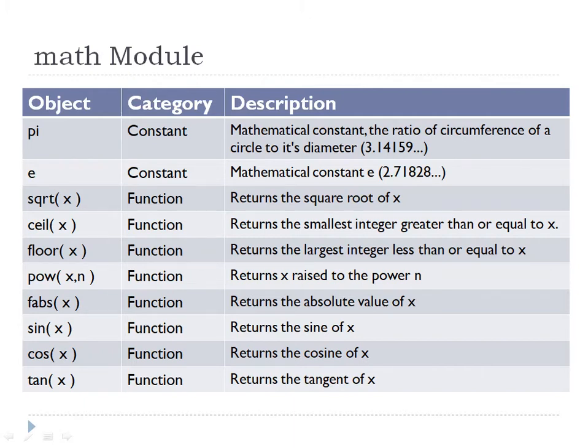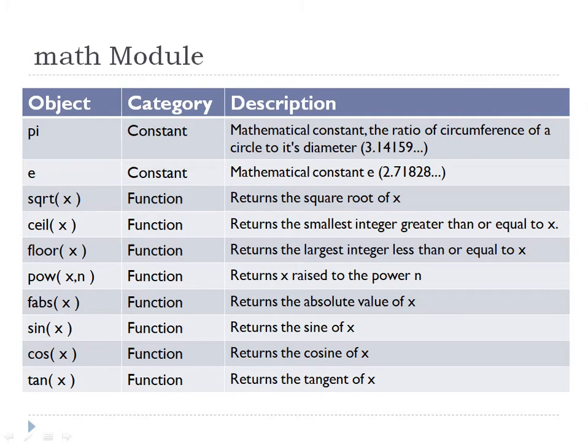And if you want the ceiling, it will give 4. Because 3.5 lies between two integers, 3 and 4. So 3 becomes the floor and 4 becomes the ceiling. The integer just below the float value will be the floor and the integer just above that float value will be the ceil.